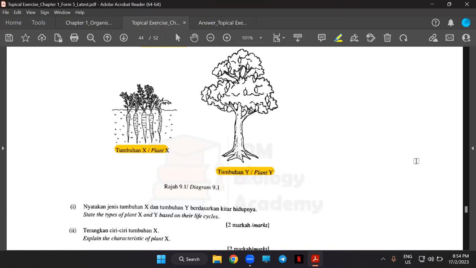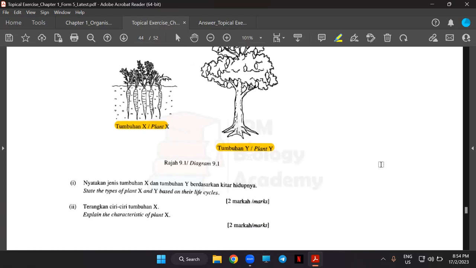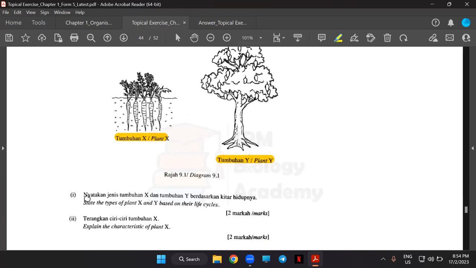So mango tree kamu tahu, perennial plant, tumbuhan saka. Yeah. So, what is the question? Nyatakan jenis tumbuhan X dan tumbuhan Y berdasarkan kitar hidupnya. State the type of plant X and Y based on their life cycle. Based on life cycle, berdasarkan kitar hidup.